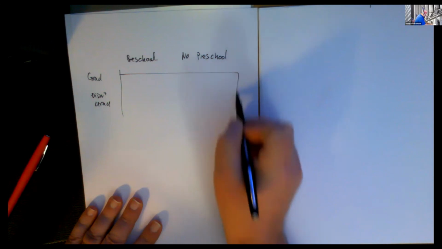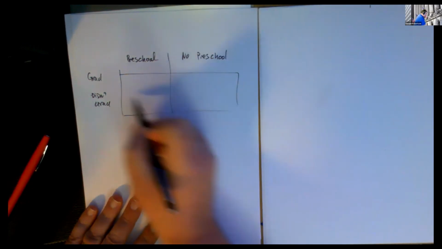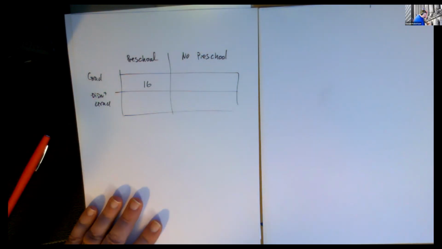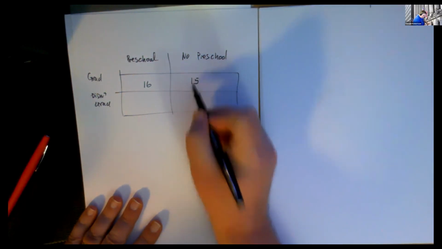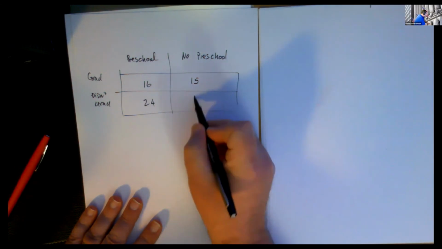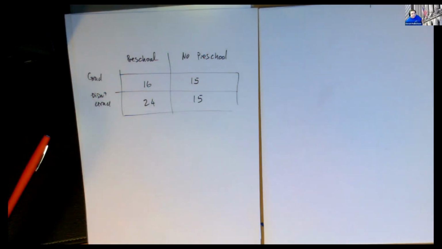This is what that data looked like. 16 of them goes there, 15 goes there, 24 goes there, and 15 goes there. The information that we want is in there. We just have to figure out which numbers are relevant to our story.